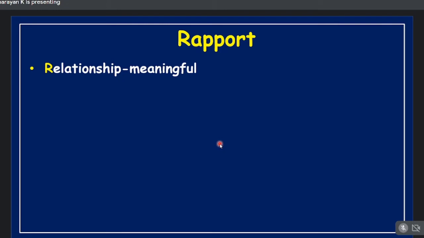It could be with your spouse. Not all relationships are meaningful. Similarly, can we convert our very official relationship with our students to something more meaningful? Why is it that some teachers are able to establish a better rapport? Because they have established a meaningful relationship and the students look up to that teacher. So R stands for relationship.